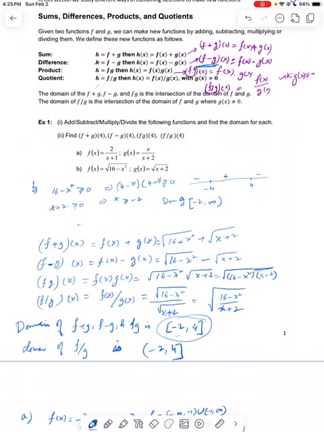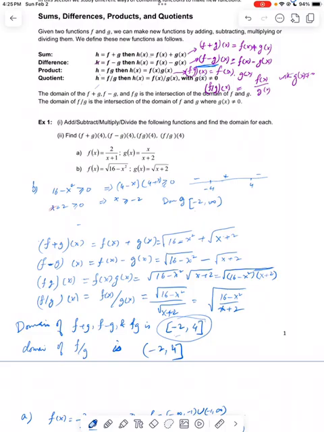So let's look at an example here. I have given you two examples. In the first one, we have two rational functions, whereas in part B, I have two root functions. Let's do the root function first, because it's a little bit less work.